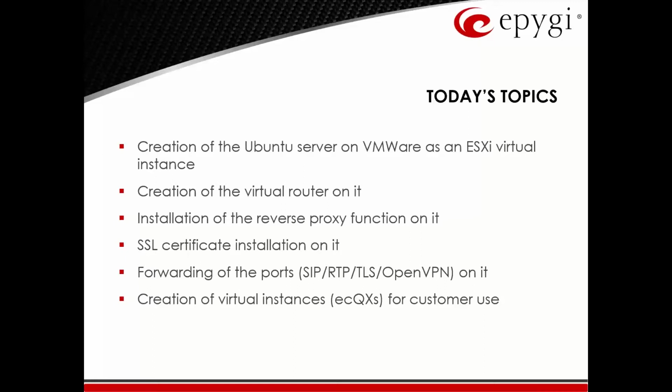We will install the reverse proxy function on the server. Next will be the SSL certificate installation on it. We will forward the ports SIP, RTP, TLS, OpenVPN on it. Finally, we'll create a sample virtual instance, ECQX.